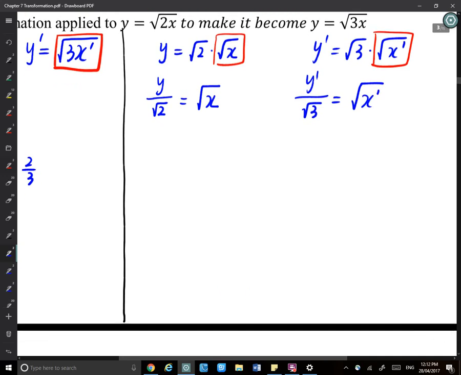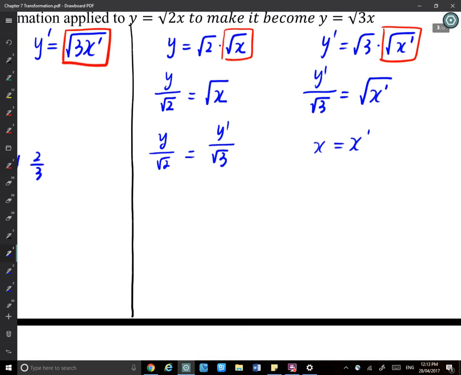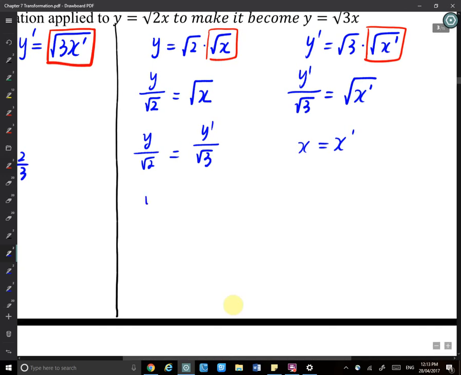Now what you can write is y over root 2 equals y dash over root 3, and x equals x dash. Nothing happened for the x side now. But dilation happened at the y side. So what does y dash equal? Y dash equals root 3 over root 2 y.